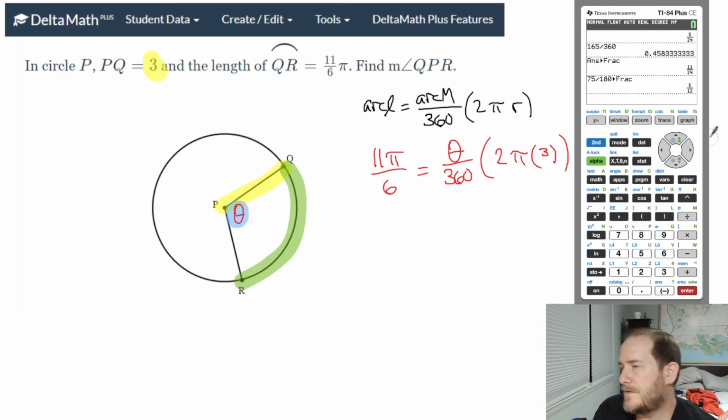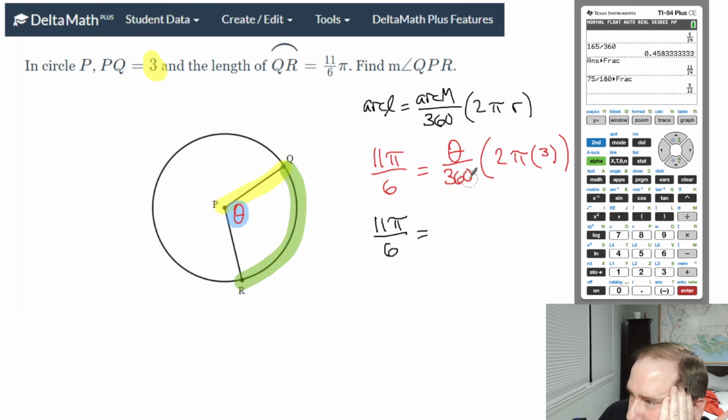All right, so what can we simplify here? I'm going to go ahead and clean up the right-hand side. So you'd have 6 pi over 360, and all that would be a coefficient on theta.